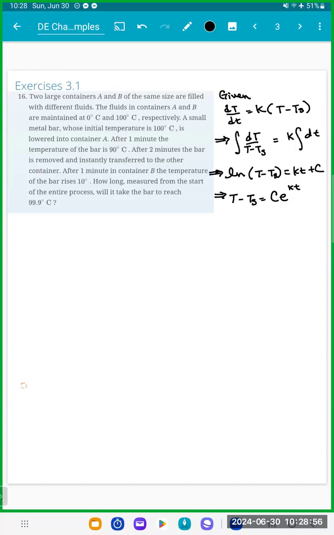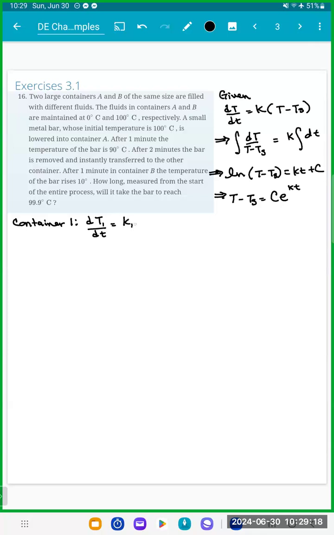So let's look at container 1 or container A. Container A gives us, I'm going to call it 1 just because I'm going to do sub 1 and stuff. So we have dt sub 1. That's just signifying we're looking at our first container.